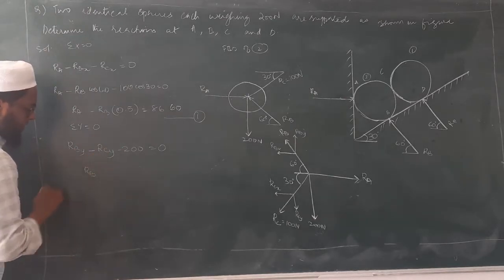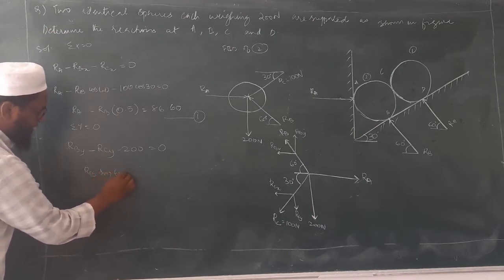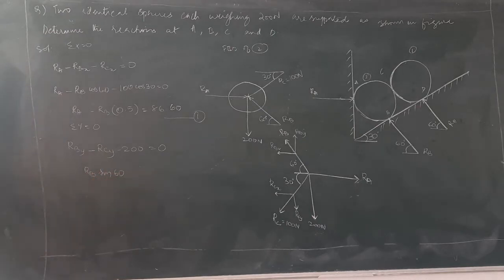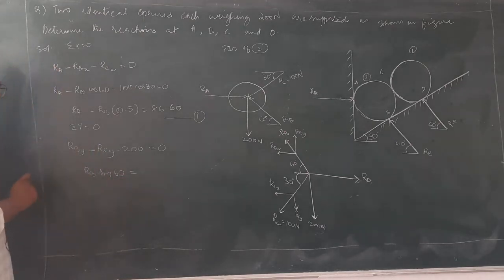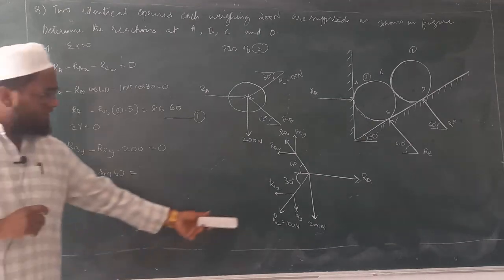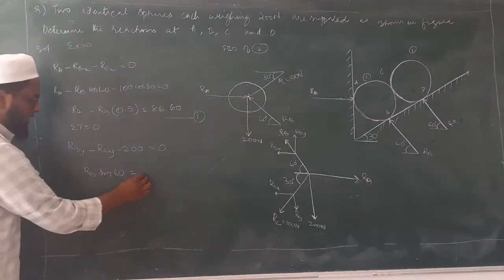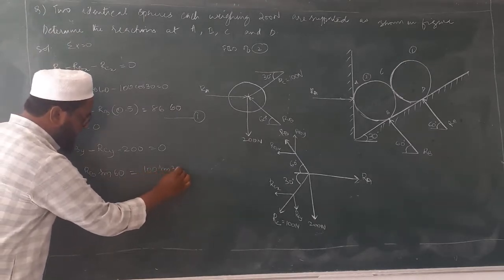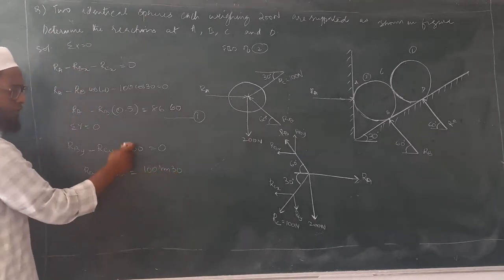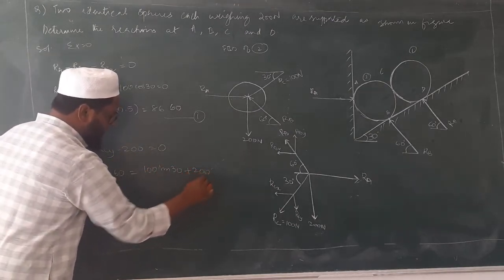So what is RBY now? Can I write RBY into sine 60? Yes, RBY into sine 60 is equal to, what is RCY? RCY is 100 sine 30. If this 200 goes to the right hand side, it will be plus 200.